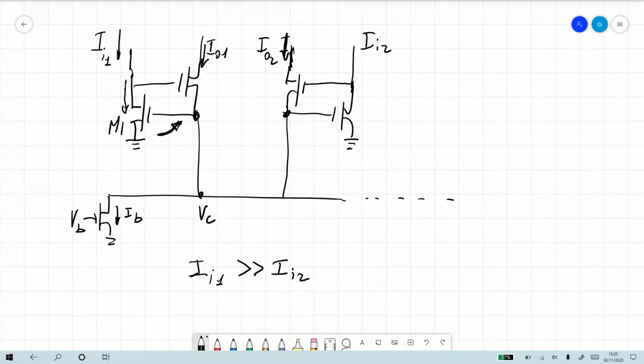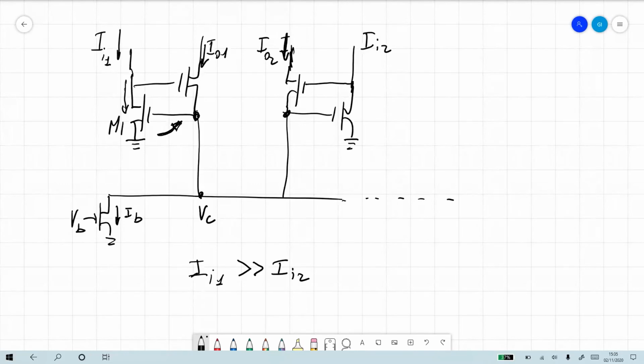Now, for this analysis, it's useful to remember that the current through a MOSFET, if it's in the ohmic region, is equal to the forward component minus the reverse component. The forward component, if you remember, is I0 e to the kappa Vg minus Vs, and the reverse component is I0 e to the kappa Vg minus Vd.